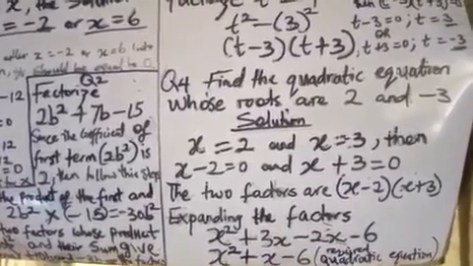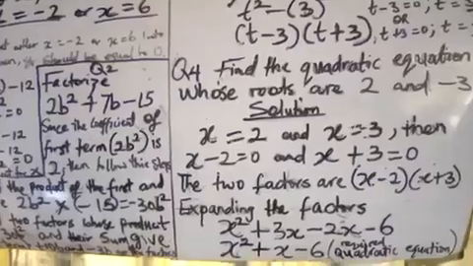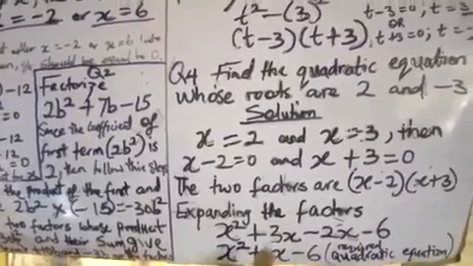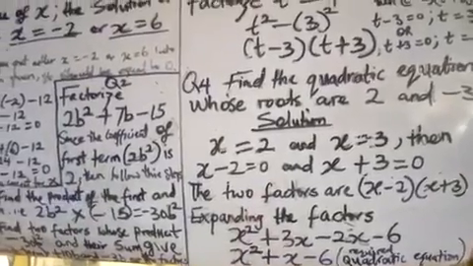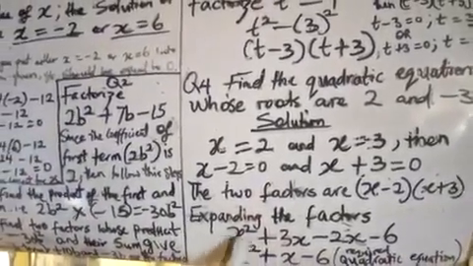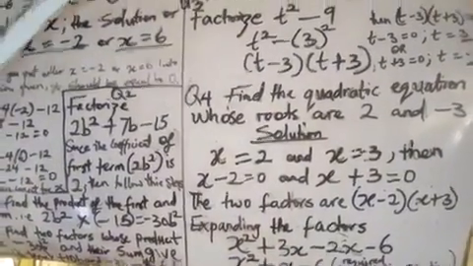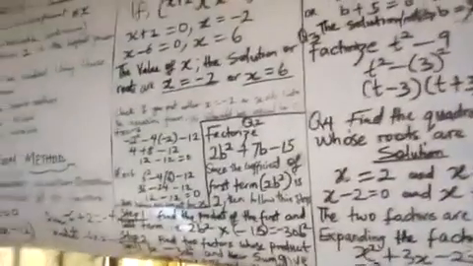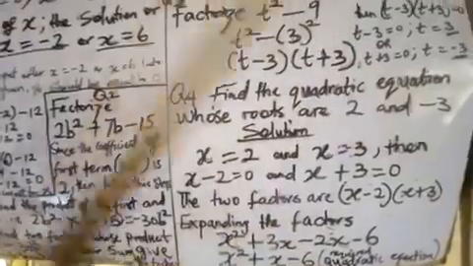That is x. So x squared plus x minus 6 is the required quadratic equation. You can even do it further by going back to example 1. You can take this quadratic equation to get back to the roots of the equation.